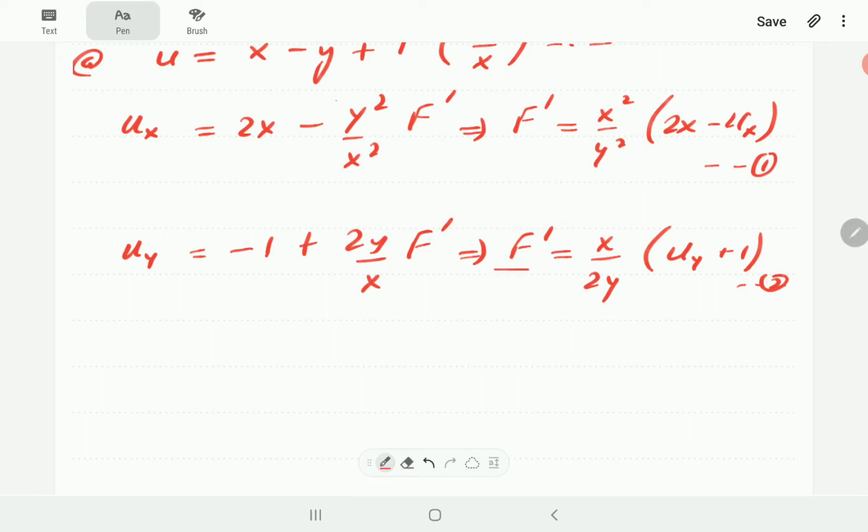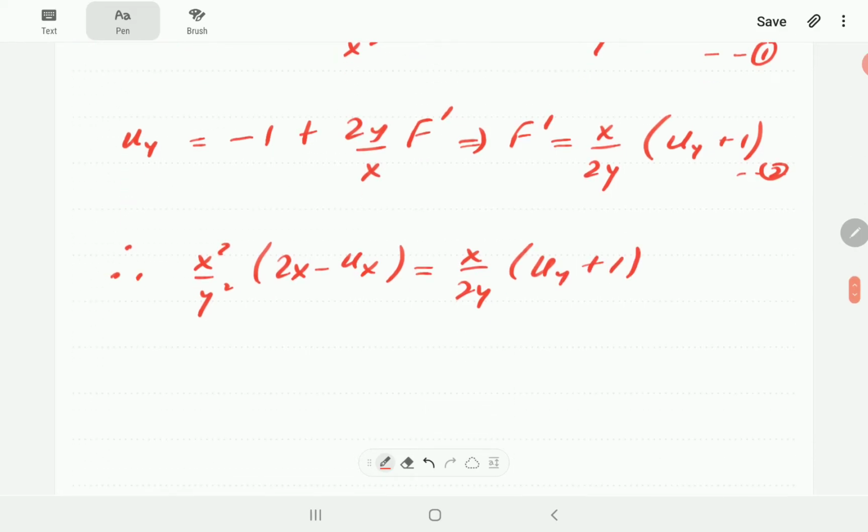Since we have got f prime here and f prime there, then these two must be equal. So we're going to write x squared over y squared times 2x minus u_x is equal to x over 2y times u_y plus 1.